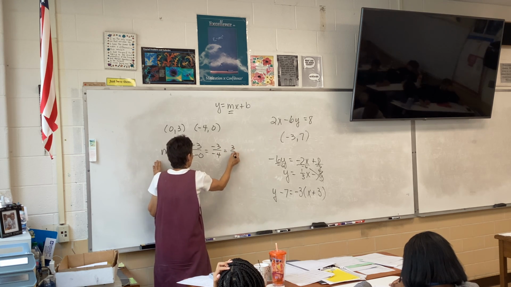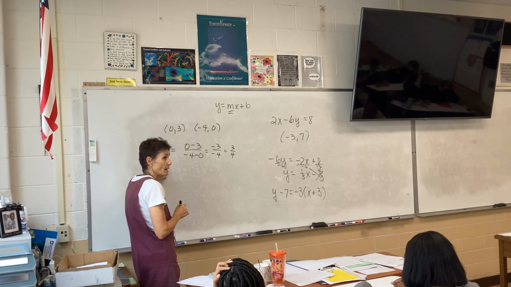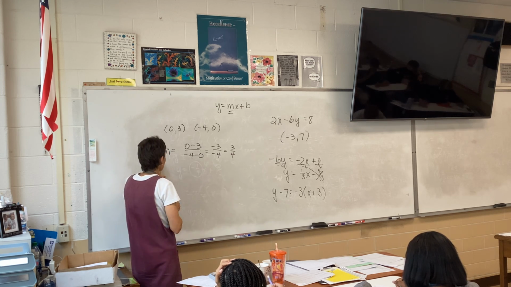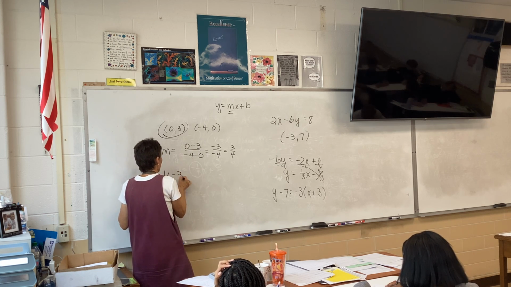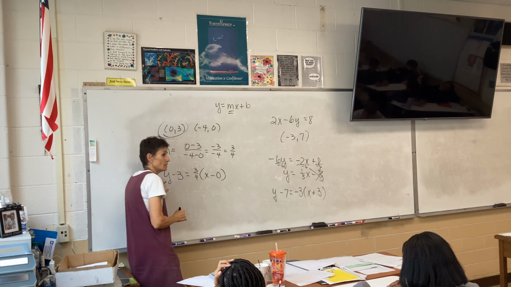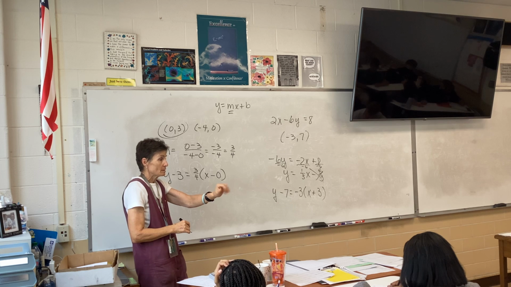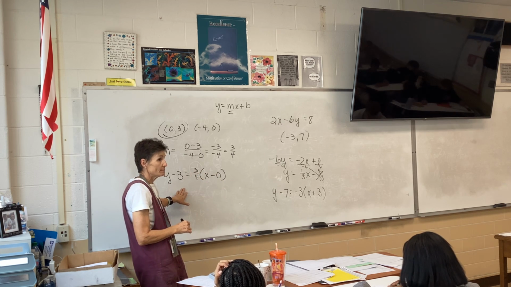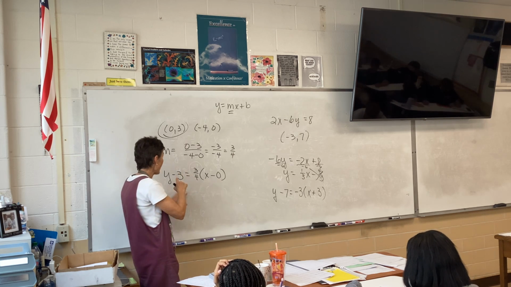I got 3/4, I could have made a mistake. Is that okay? And then I'm going to pick a point, doesn't matter. That is exactly what we just did. Right? Now, we're going to rewrite this equation.